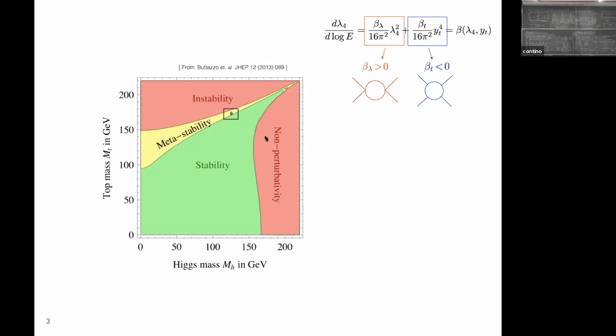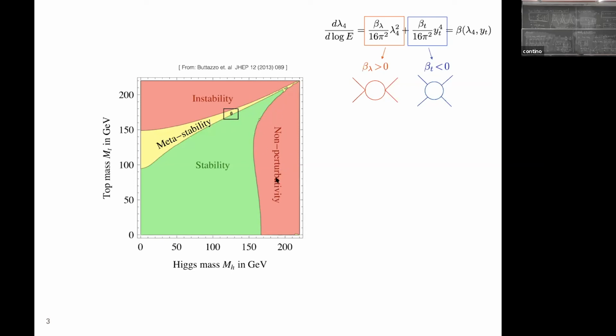And you see here another red region, which is characterized by the fact that in any point of this region, the quartic coupling of the Higgs explodes, has a Landau pole, at a scale below the Planck mass, which here is taken as a reference.